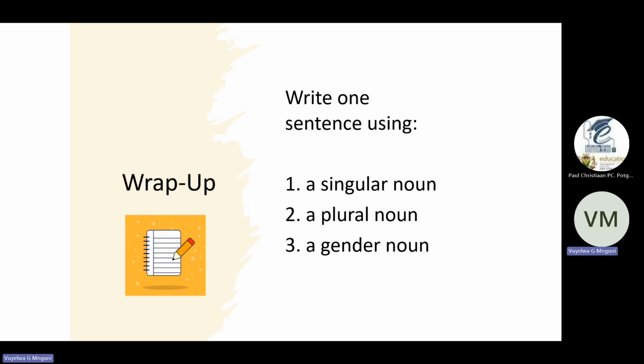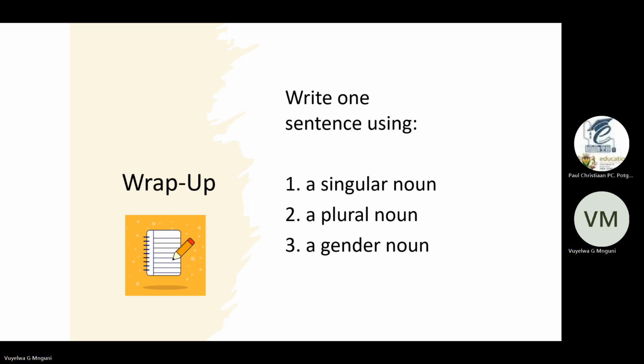For example, if we look at singular, we are going to say the boy runs. Boy is in a singular state. Then we can have the same sentence, or use a different one: the boys play or the boys ran.